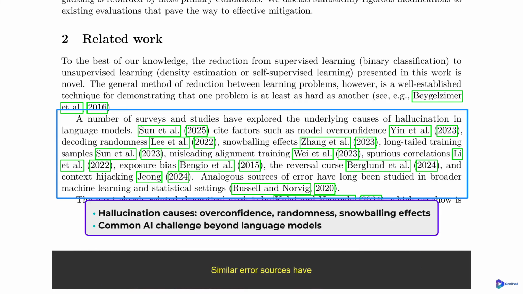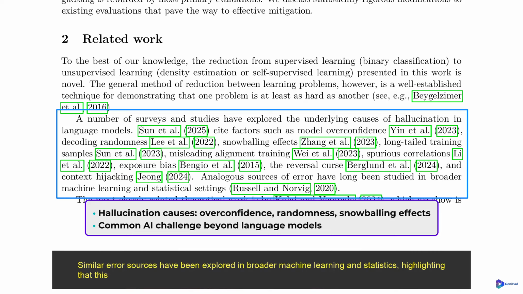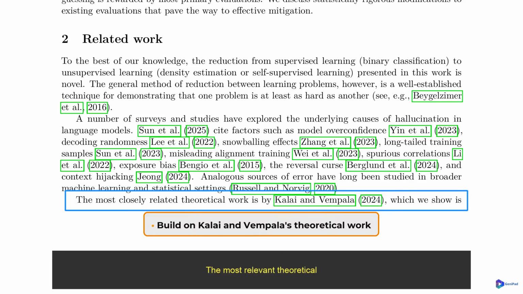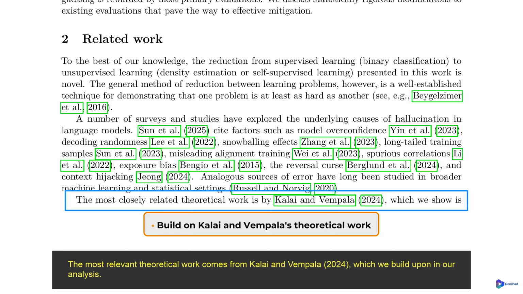Similar error sources have been explored in broader machine learning and statistics, highlighting that this isn't just a language model issue, but a common challenge in artificial intelligence. The most relevant theoretical work comes from Kalai and Vempala, 2024, which we build upon in our analysis.